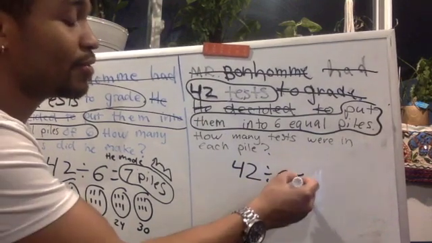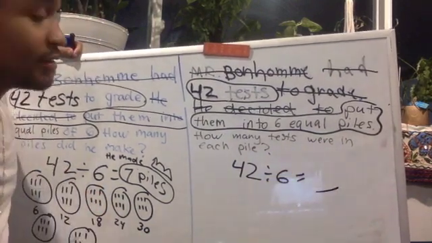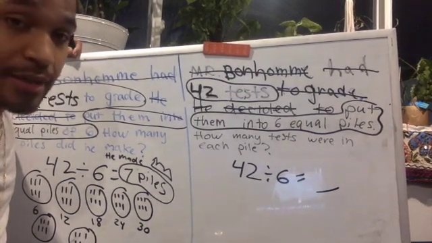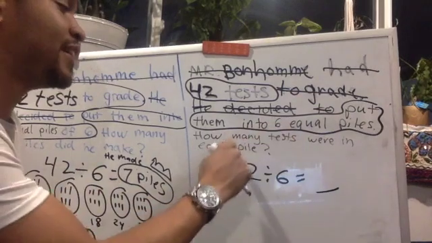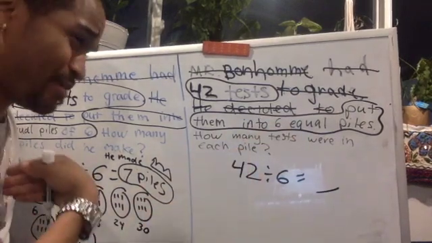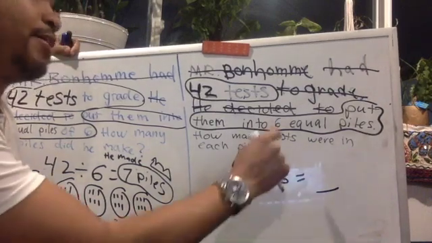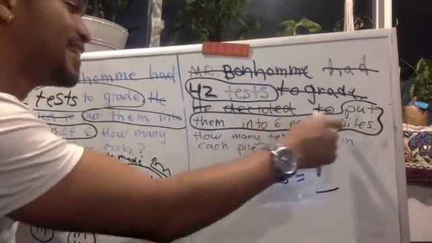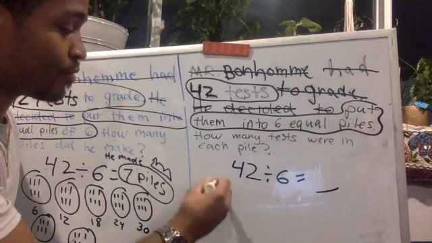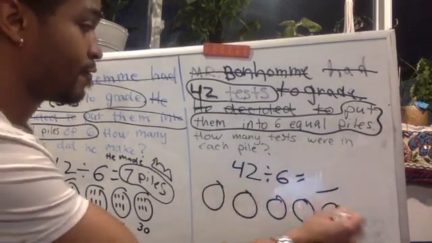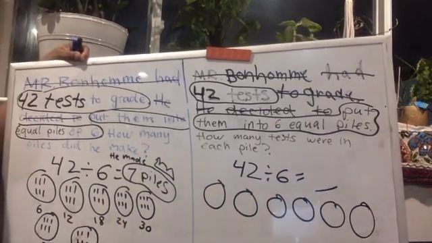Now I had to think about how am I going to represent this. Well, go back to my question. How many tests were in each pile? If it's asking me that, that means I don't know how many are in each pile, but I know there are 6 equal piles. So 1, 2, 3, 4, 5, 6.